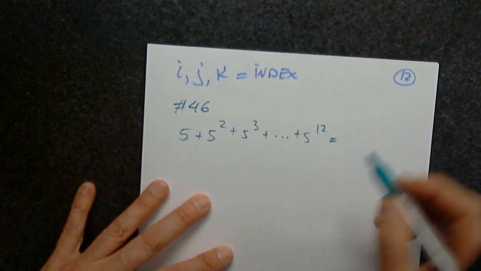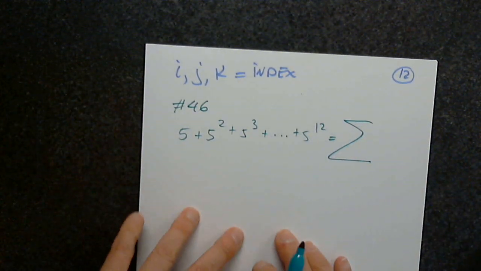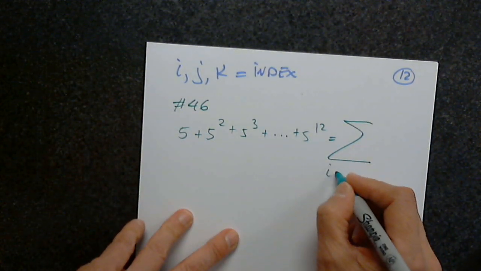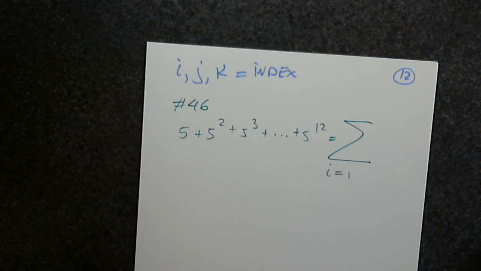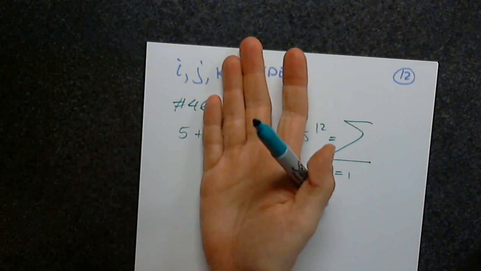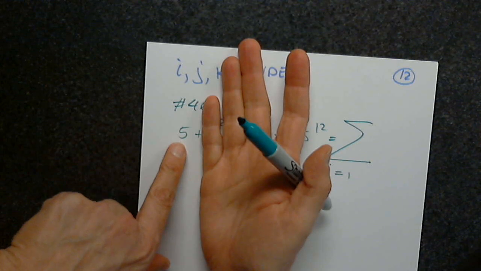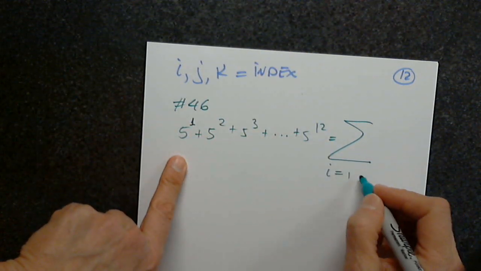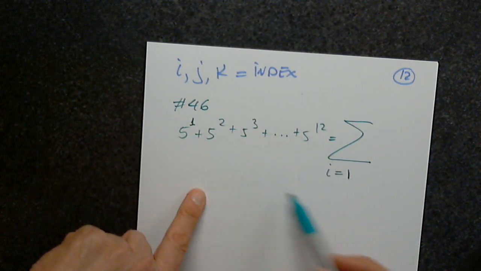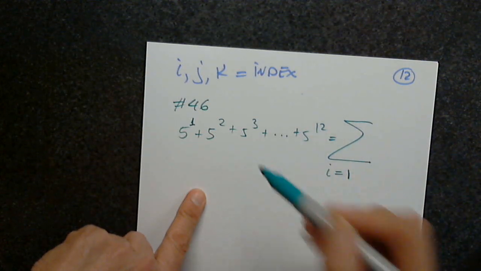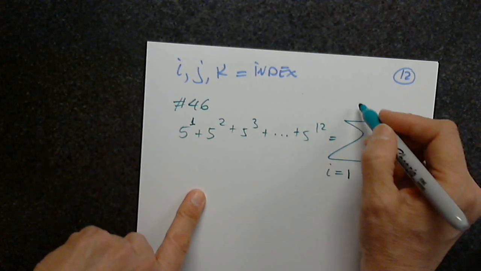So obviously this is a sum. From the first term, I equals what? This is the first term. It's 1 indeed. From I equals 1. Till what is the last term? How many terms does this sum have? 12 indeed.